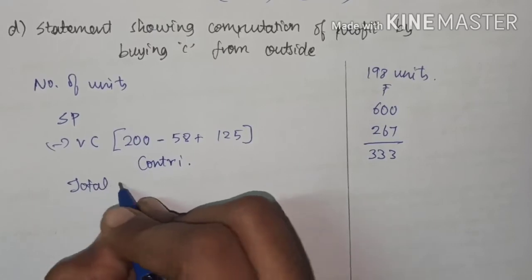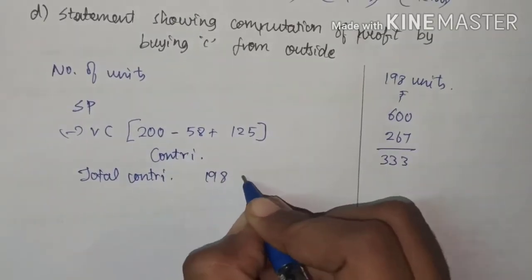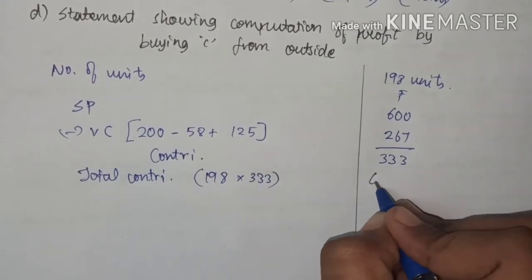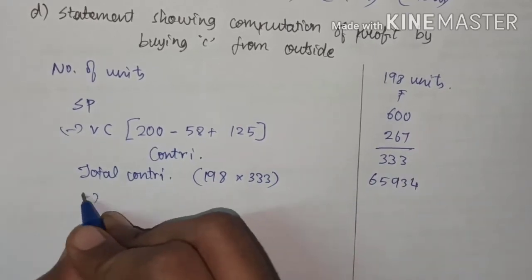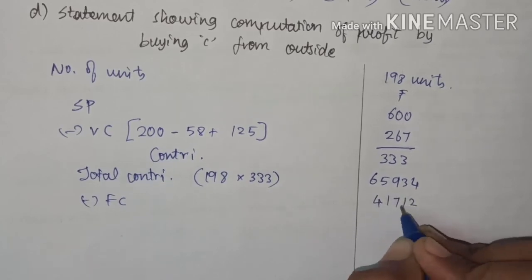Next, total contribution. Total contribution is 198 into 333. It is 65,934. Next one is fixed cost. The same fixed cost, 41,712.